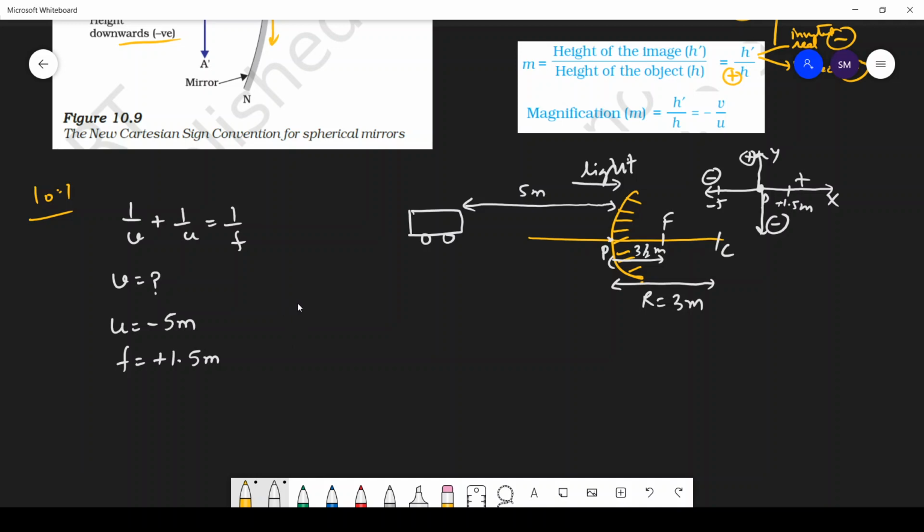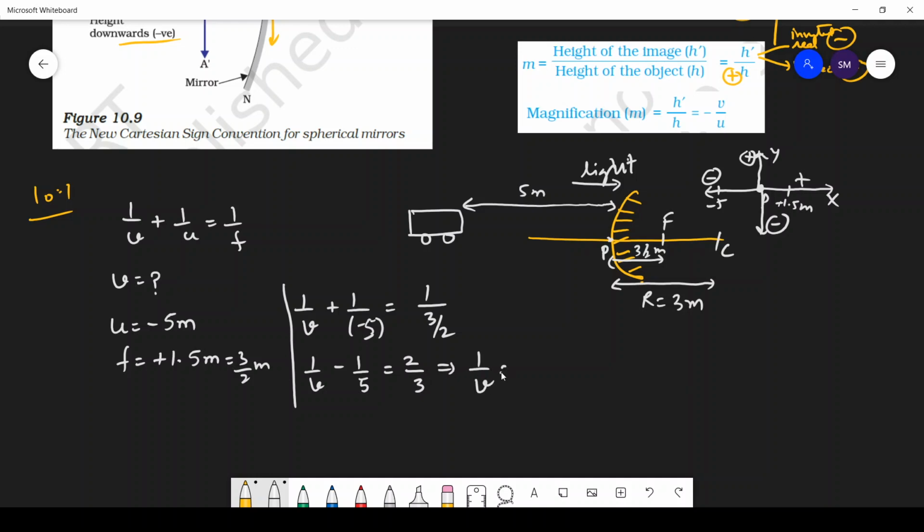You get 1 by V plus 1 by minus 5 equals 1 by 1.5, or you can write 3 by 2 also. That's the same thing. So it becomes 1 by V minus 1 by 5 equals 2 by 3. And 1 by V equals this, adding 1 by 5 to both sides.